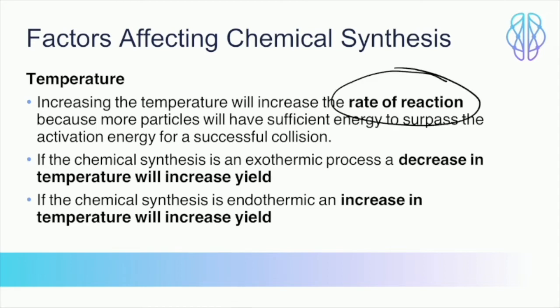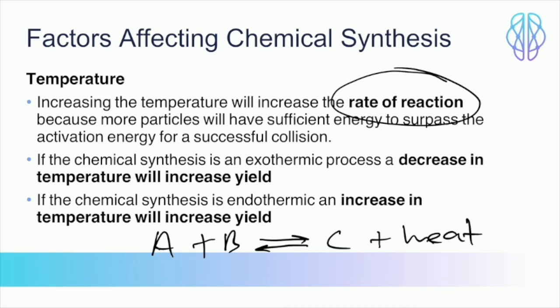However, we can also tie in Le Chatelier's principle in regards to temperature. If the chemical synthesis is an exothermic process, it looks something like this. I'll use my A and B example again. A and B react to form C and release some heat. Ignore my weird H. So this is an exothermic process. A way in which we can increase the yield is by decreasing the temperature.